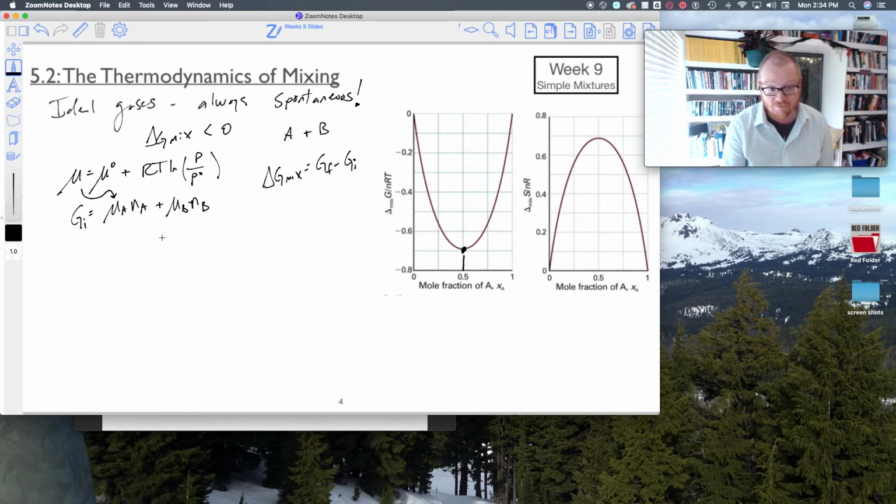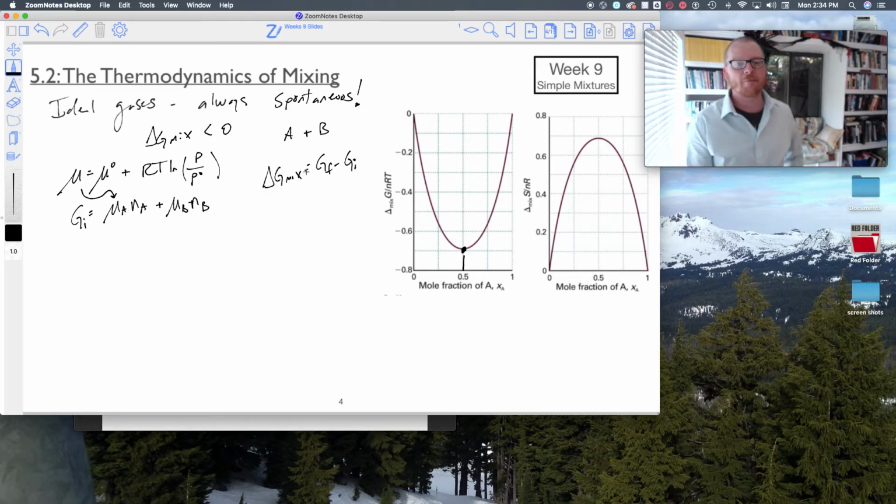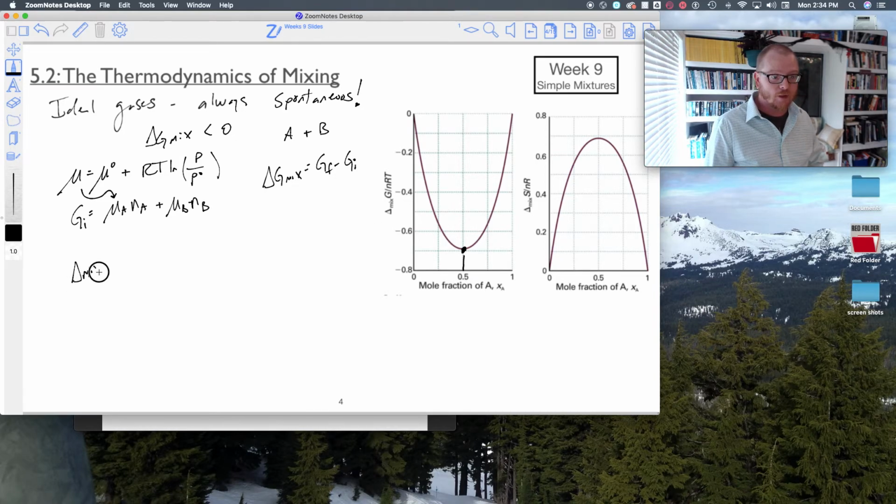Then I could write the final energy, and then subtract them, and so on. Again, I'm not going to make you responsible for where this gets derived from. But what we would come up with for an ideal gas: the book always writes delta mix G, and I don't like writing it that way. I like writing delta G mix. What we would get is the following. It would end up being nRT.